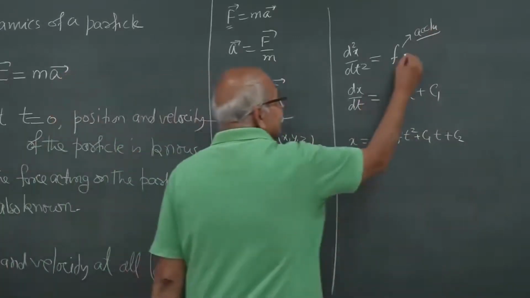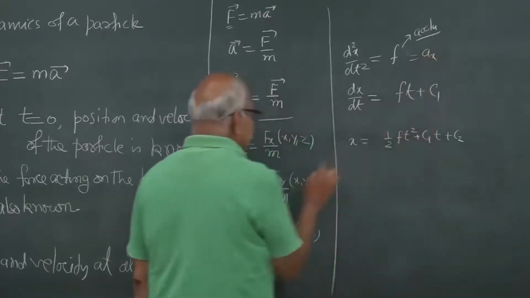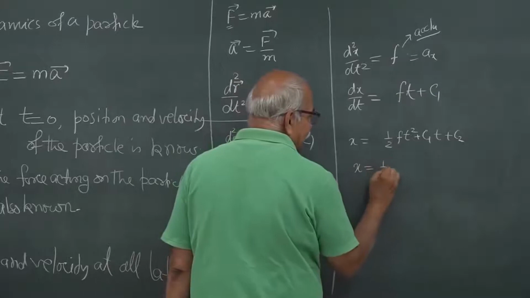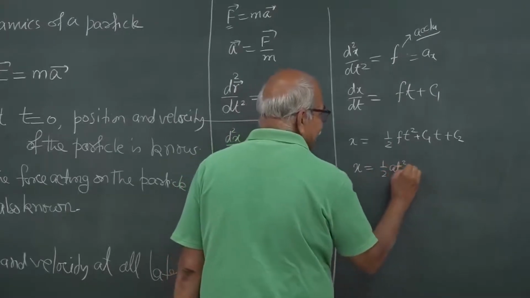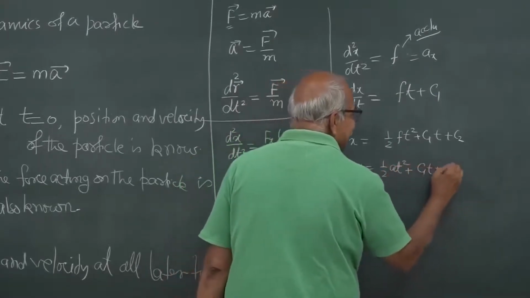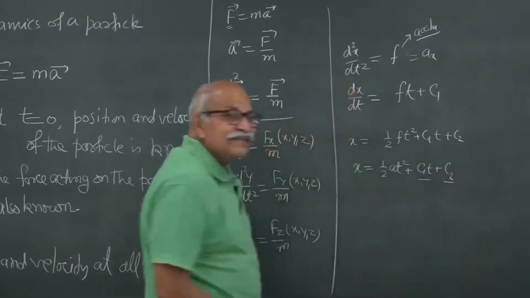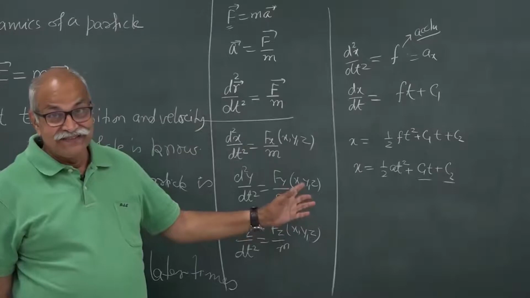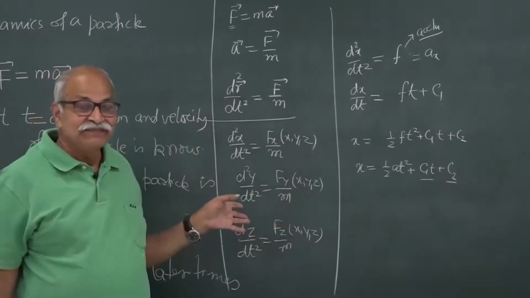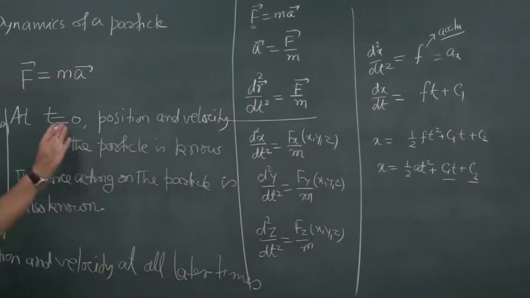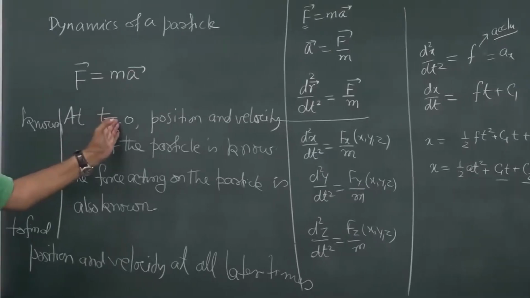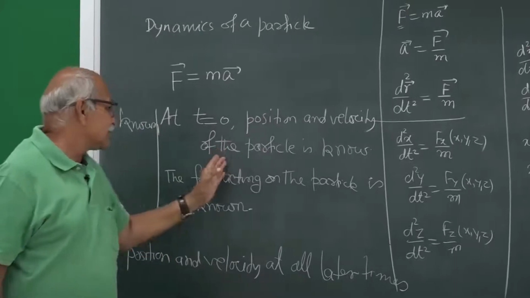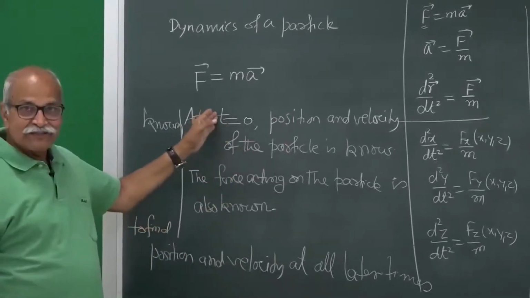So, if you write this Fx by m as ax, your x is equal to half a t square plus c1 t plus c2, and these two constants are not known as such with this much information. So, what you need is, at t equal to 0, that means at some instant I know the position and I know the velocity, and I am calling that t equal to 0.